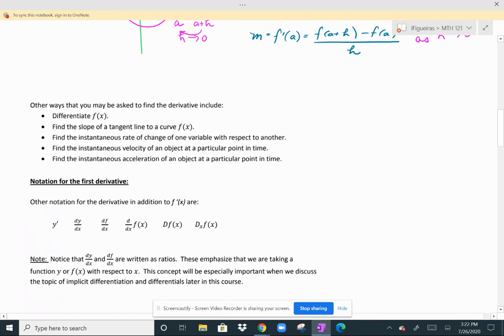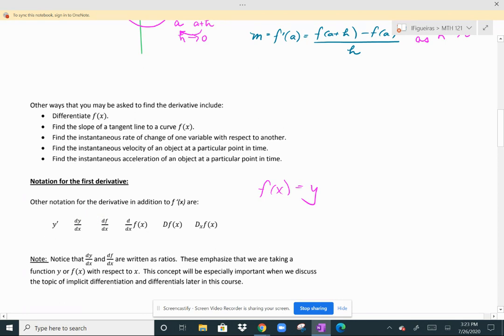It may also be written like this, dy over dx. This should kind of remind you of change in y over change in x, and that's because they are related. So dy over dx represents a derivative. df over dx also represents a derivative. Remember, you can say that f of x is y, so it's just like an interchanging of that notation.